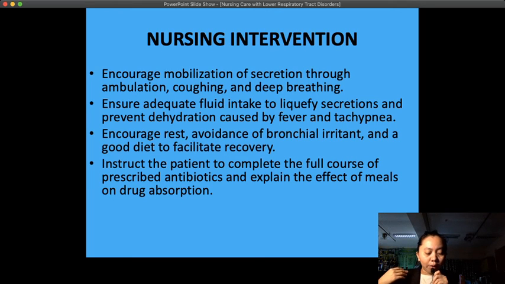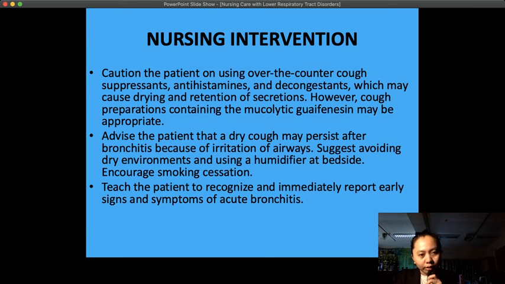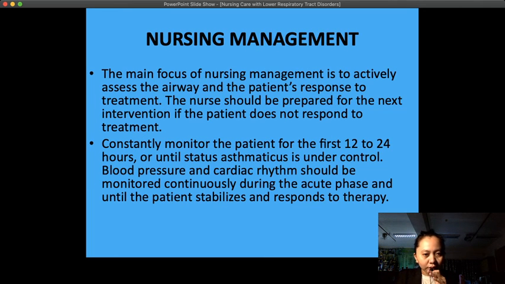So, there are medications, so you have to read the instructions for the medications, whether the patient needs to eat 30 minutes or an hour before the medications will be given. Okay? So, these are the nursing interventions. Okay, we keep going back to the nursing interventions.